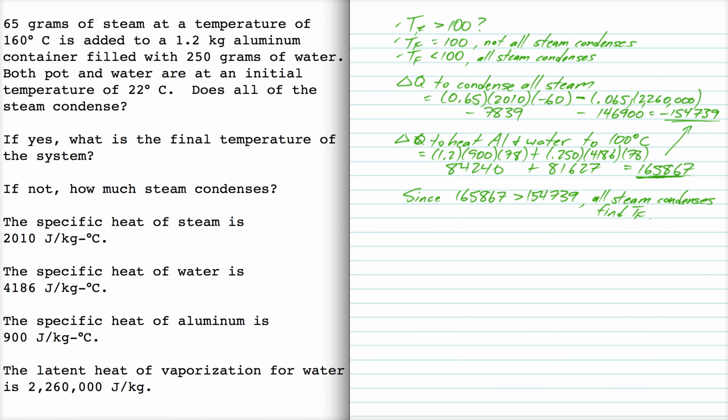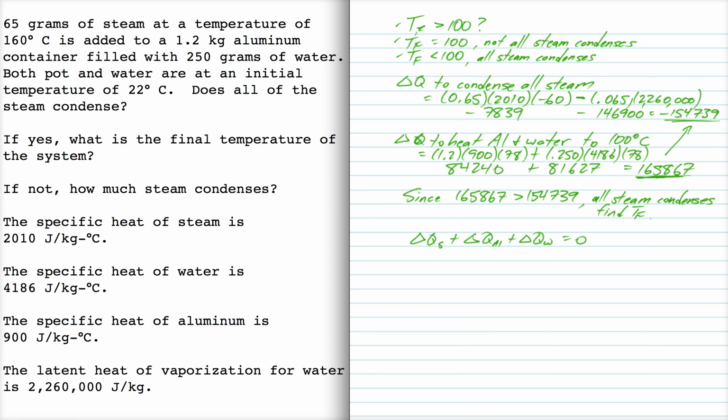Okay, so now this is a calorimetry problem, right? It's just delta Q for the steam plus delta Q for the aluminum plus delta Q for the water is equal to 0. I know it looks like we're starting over, but we're not, because we've already calculated a lot of stuff we need, as you will see.